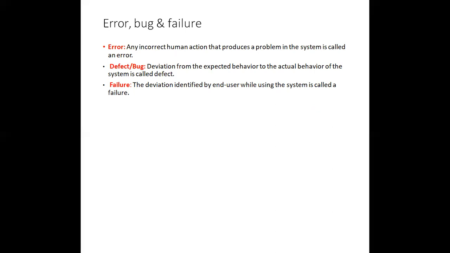An error means any incorrect human action that produces a problem in the system. Generally, while writing a C or C++ program we have syntax, and once we do not follow that syntax, we get an error in the system. Generally we face that. So that is called an error.